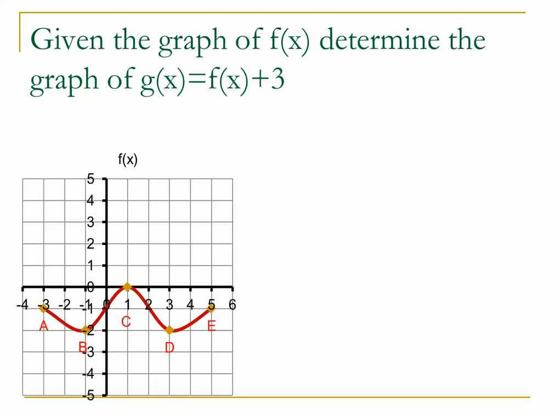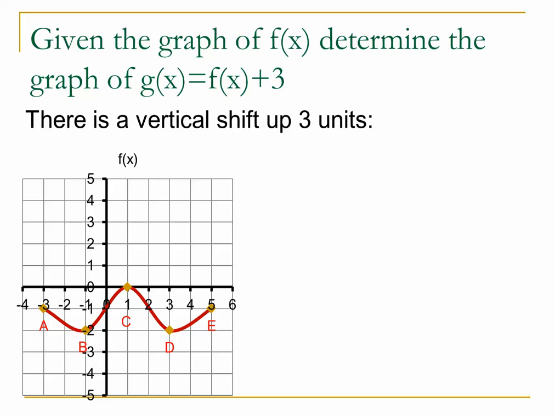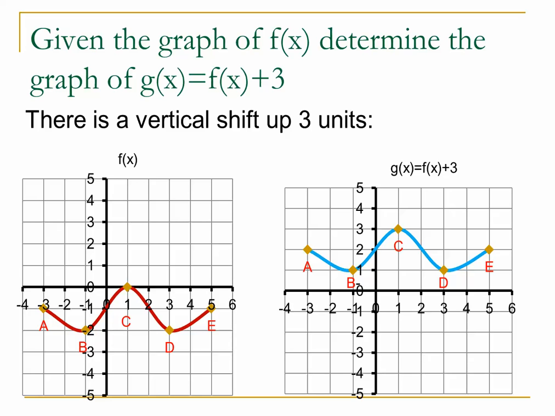Okay? So this is going to be a vertical shift up 3 units. So because we have a plus there, it's going to be a shift up. So to see what the graph looks like, every single point, so this point A just moves up 1, 2, 3 points, and you can see this is where the A is now. The B moves up 3 points.